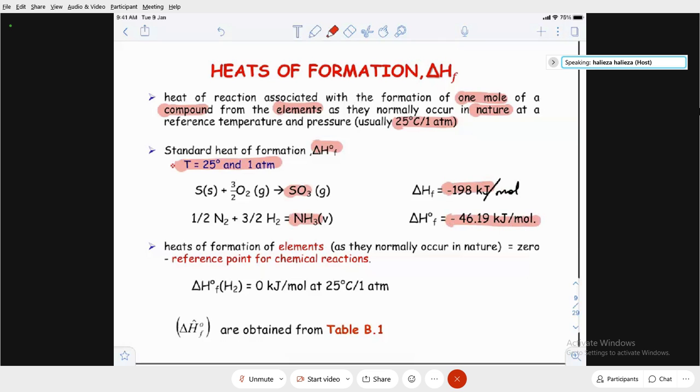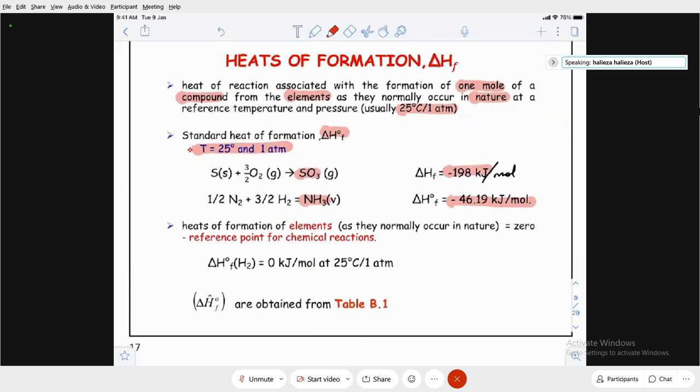And another thing that you need to know, we are looking at the element. If you're going to form, for example, oxygen, oxygen is already occurring naturally in its elemental state as a gas. So when you want to find the heat of formation for oxygen gas, it should be 0 because you cannot form it from any other element.